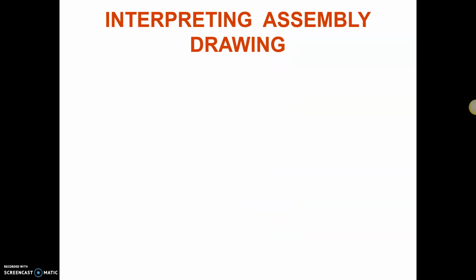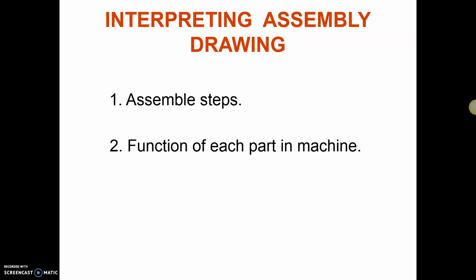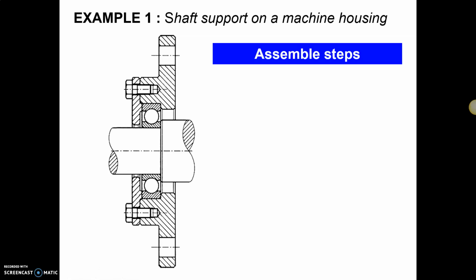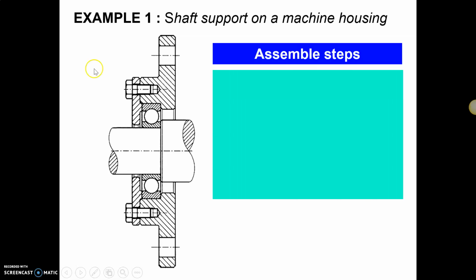So these are some of the exercises that you can do in order to get more understanding in interpreting the assembly drawing. When we have an assembly drawing, what we can do, there are a few steps. The first step is the assembly step, and then the function of each part in the machine should be identified, and the design concept. And there are a few examples here where we have the assembly drawing already.